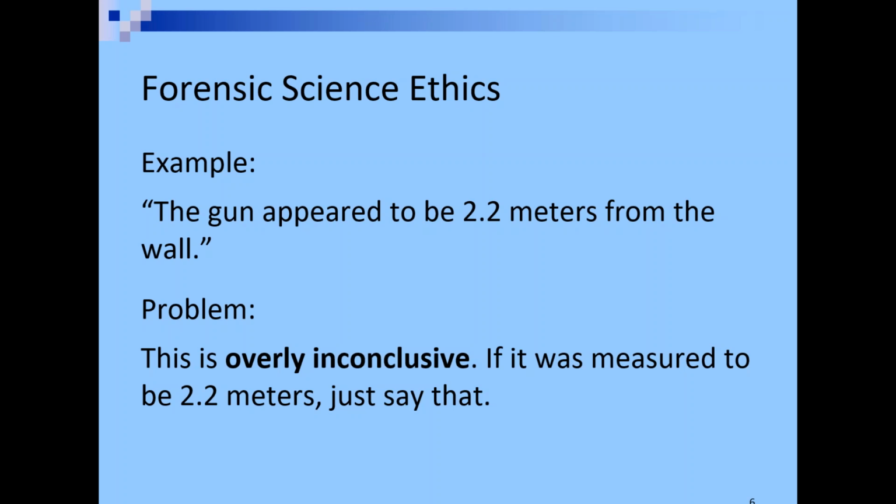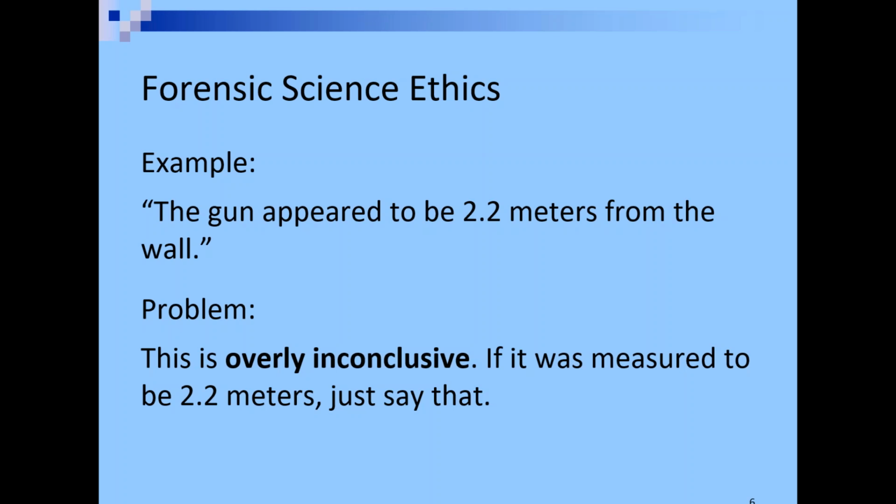This is a measurement that the forensic scientist takes. So if you use the term "appeared to be 2.2 meters," then not just the measurements but also the conclusions become a very gray area, approximately this.